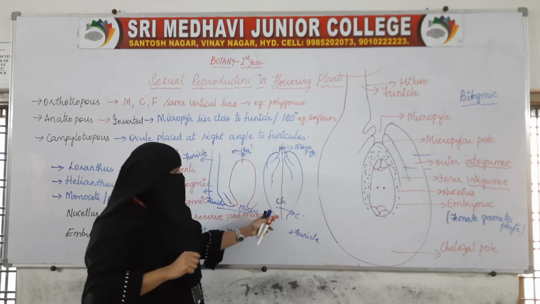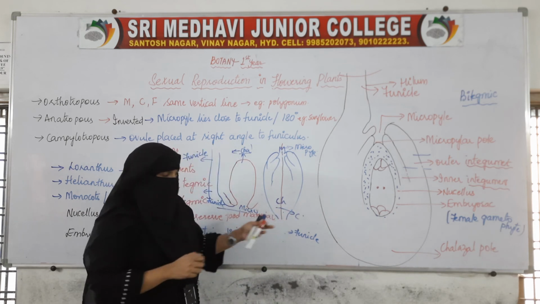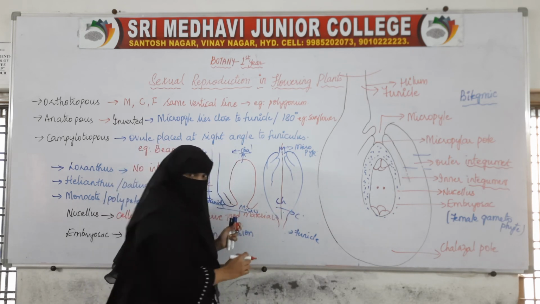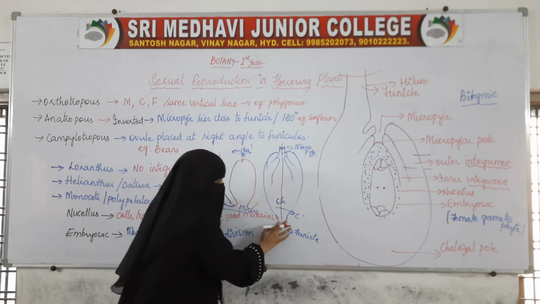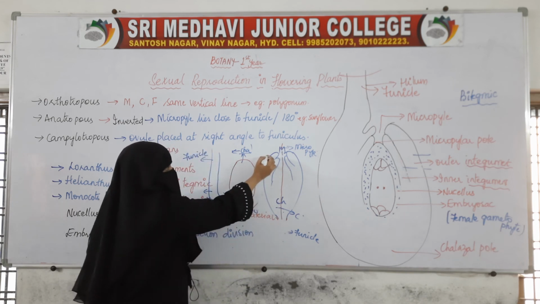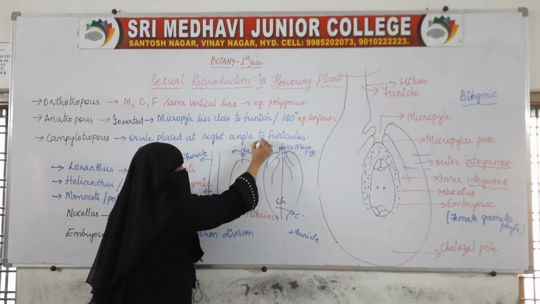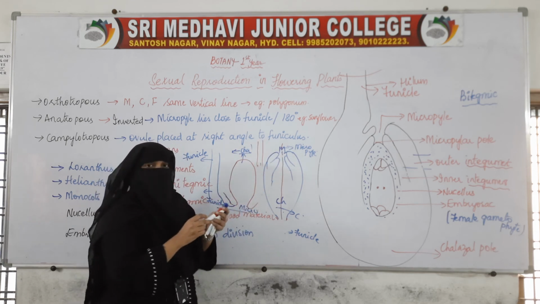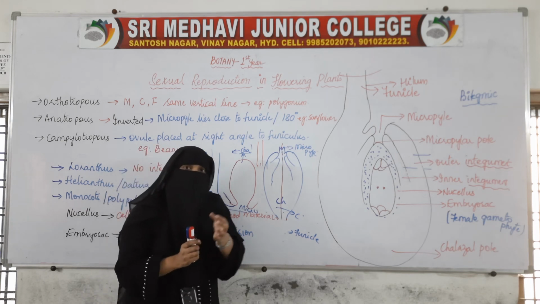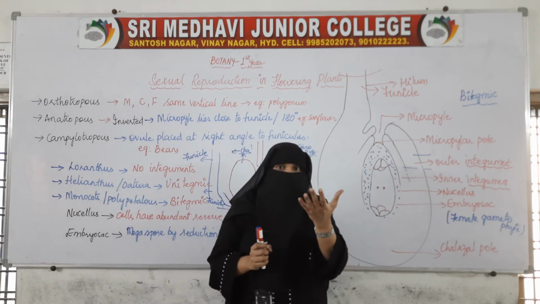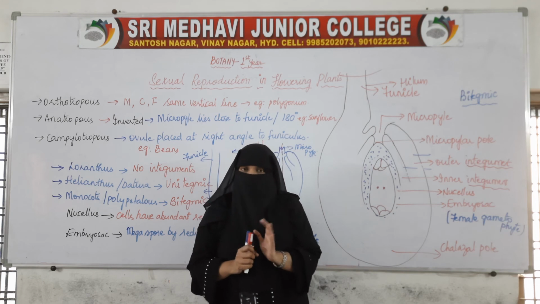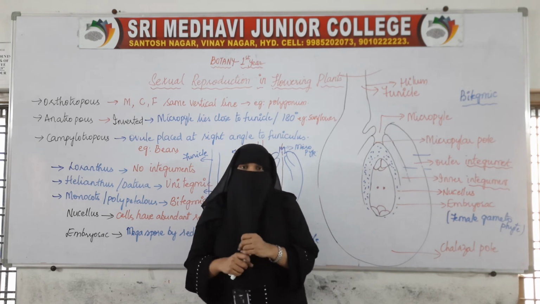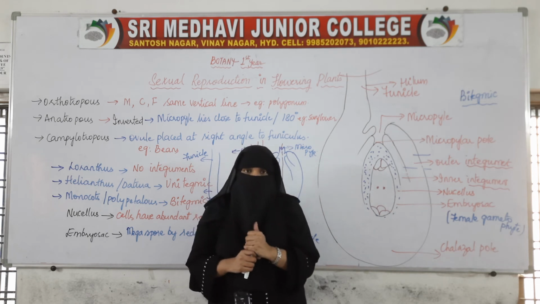Here in orthotropous, the funicle was on the same line, but here the funicle is just beside this micropyle. If you see this in the textbook, you will see the clear pictures. It is given inside the textbook, and you will be able to understand it. So here 3 types of ovules are given.